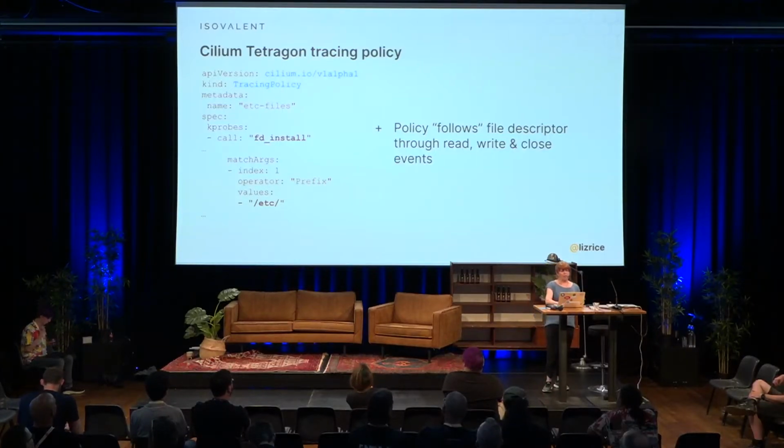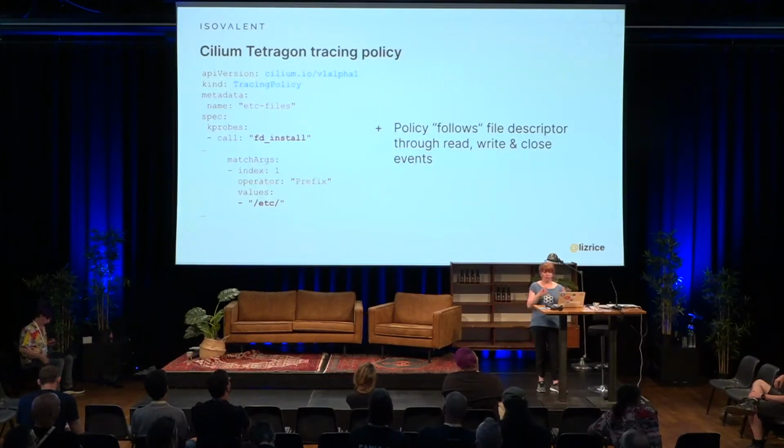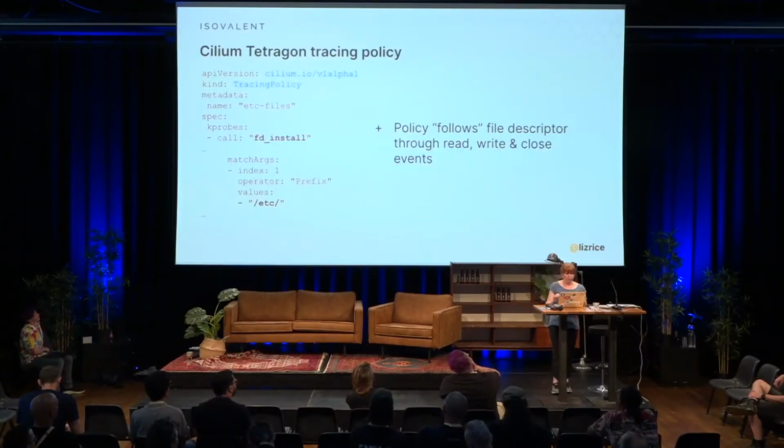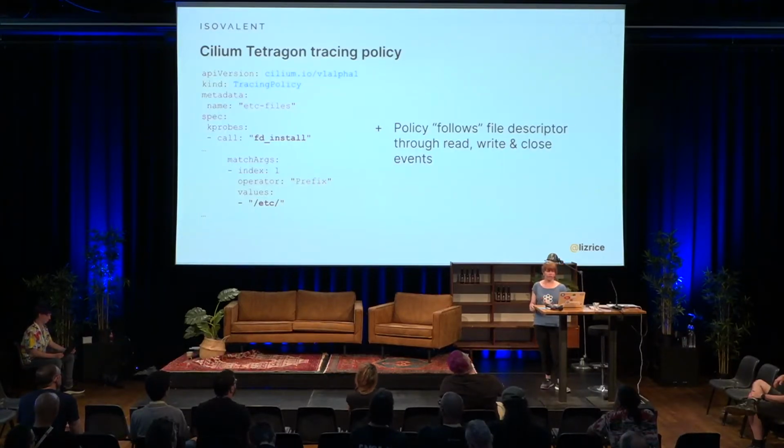The policy says we're only interested in files that are under /etc/. And there's some continuation, other parts of this policy that essentially say, OK, follow this file descriptor, report on read and write events that relate to this file descriptor, and then when we close the file, you can stop following. So that's the kind of definition of what we're going to do. We're going to be interested in events that relate to files in the /etc directory.